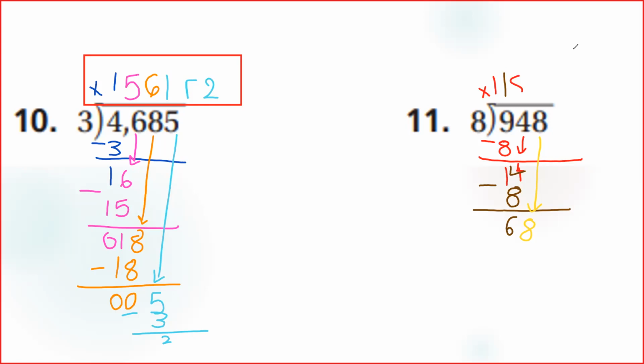Bravo. So you have to put 8 here, which is 8 times 8, 64. And what's the remainder now? 4. So now my answer is 118 with the remainder of 4. Thank you, Jilan.